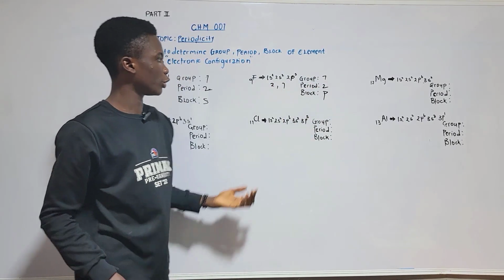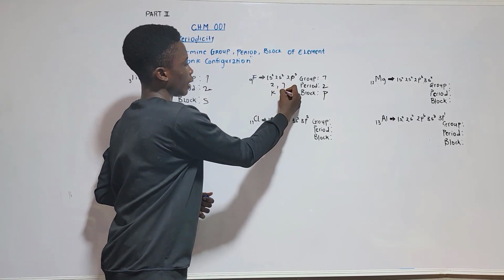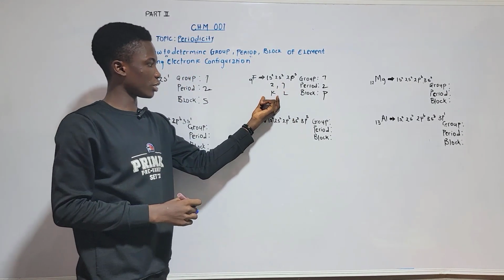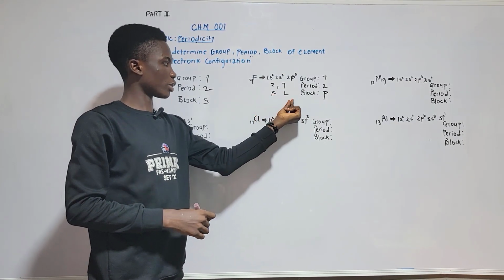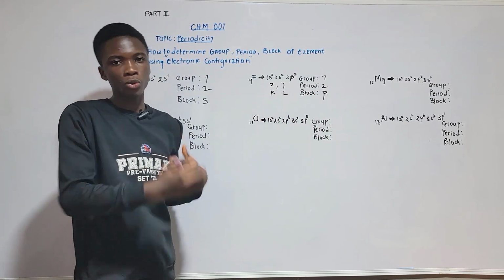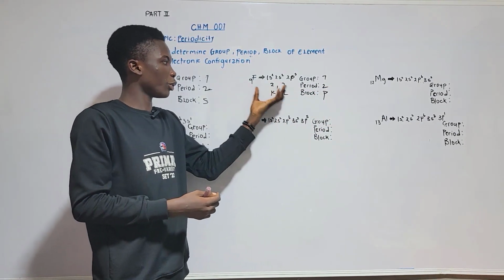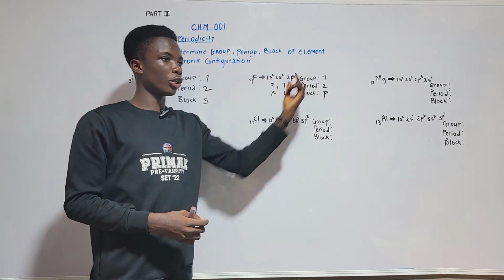To determine the period, this is the first shell and this is the second shell, K and L. So in the second shell, that's period 2. As for the block, you might not be able to determine the block to which fluorine belongs using this formula, but you can using the electronic configuration.